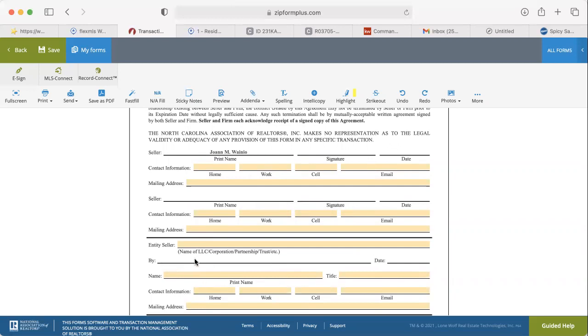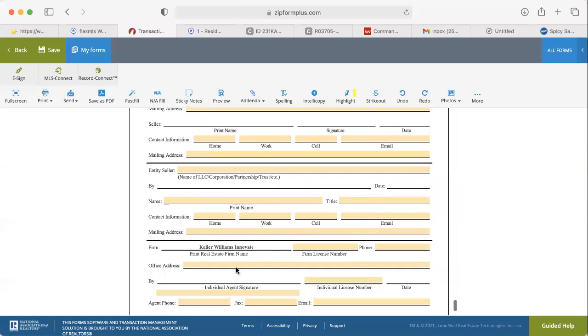I'm sorry, this is where they would sign. Their name would be printed here, and the title that they hold with the organization that they are representing. So if it's an LLC, maybe they are the managing member or the president or the administrator or whatever. That's what you would type over here under title, and then their contact information.